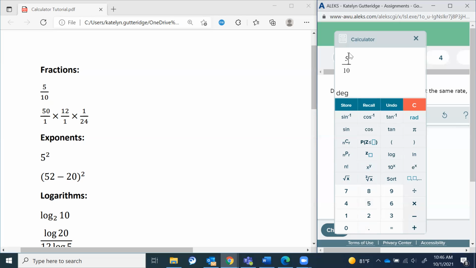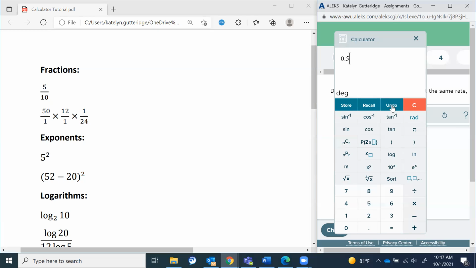You can go into the undo and look at what you entered and make sure that it matches what ALEKS has. If you do hit the undo, you get back to that fraction form. You'll go back down to that equal sign to get your decimal again. Once you're done with that problem, then you hit clear. If you've hit clear, you're not always going to be able to undo as easily.